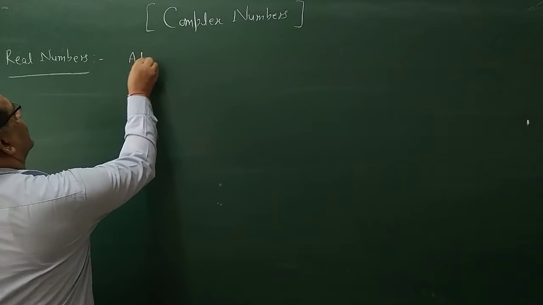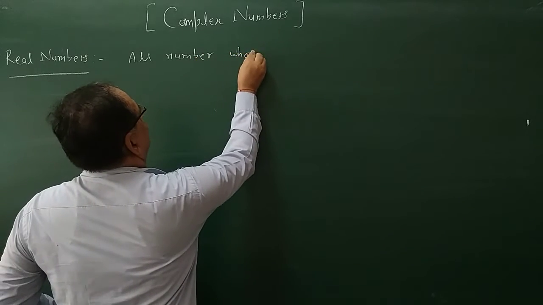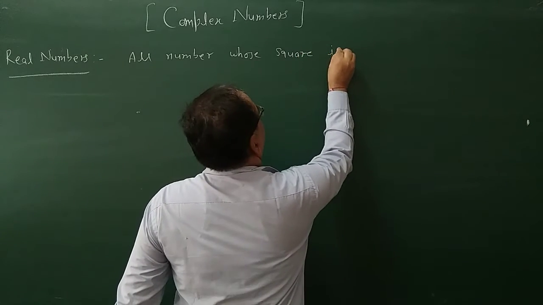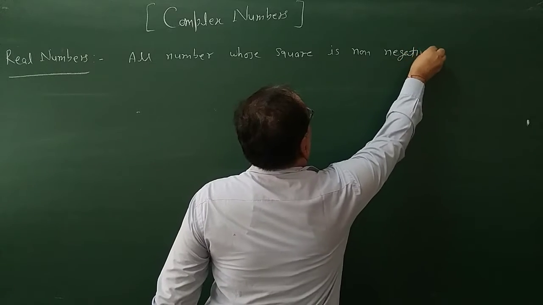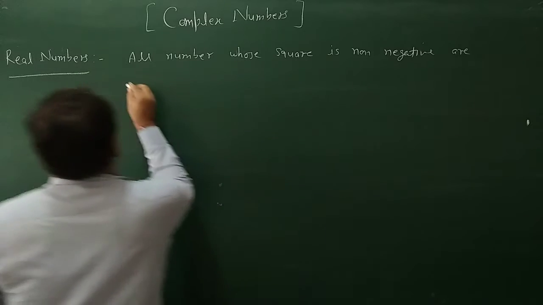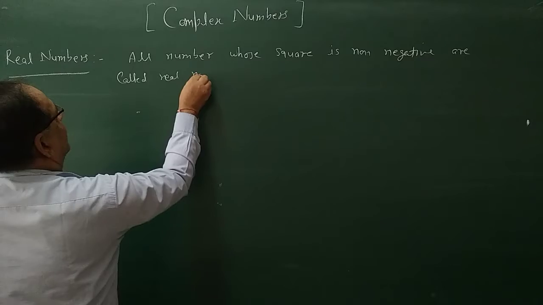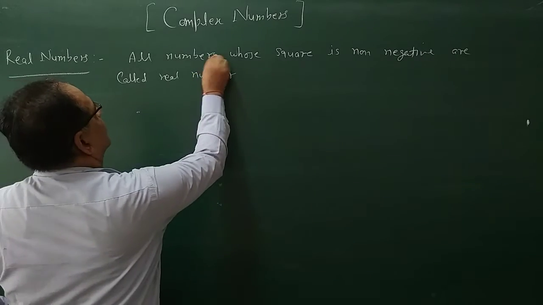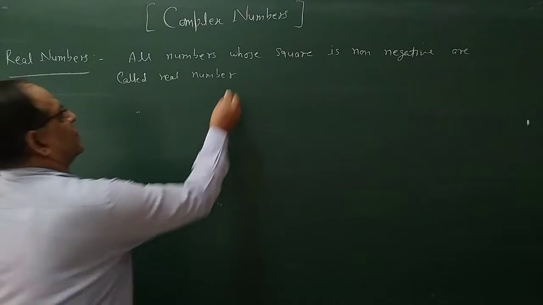All numbers whose square is non-negative are called real numbers.